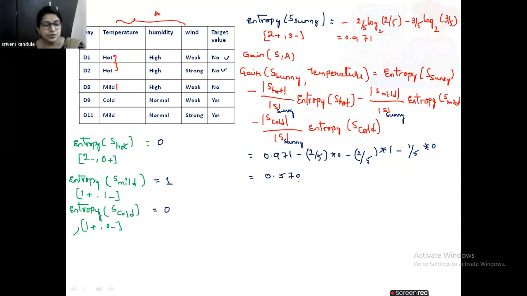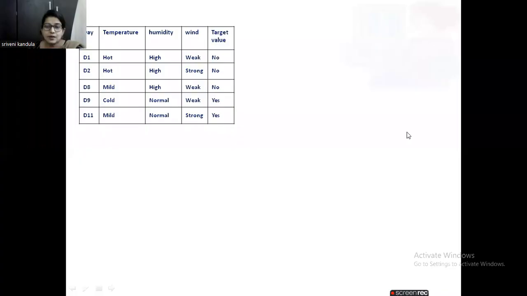Similarly, we should calculate for S sunny comma humidity, the next parameter, and similarly we should calculate the gain of S sunny comma wind too. Let's do that. We are calculating the information gain of S sunny comma humidity. What are the possible values under humidity?